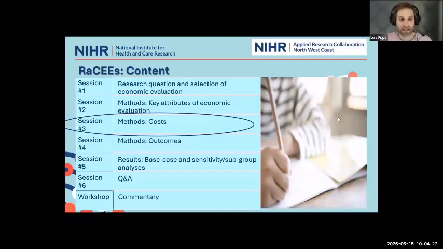Then the next session is going to be about the outcomes, what we measure in the economic evaluations. Then session 5 is going to be about the results and sensitivity analysis. Then session 6, the Q&A session, which is also a little bit of information on how to do the introduction of the cost effectiveness analysis.